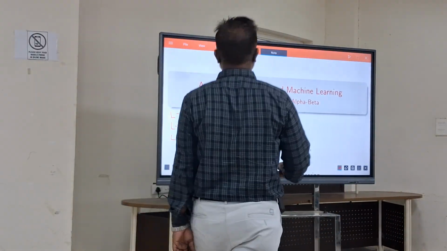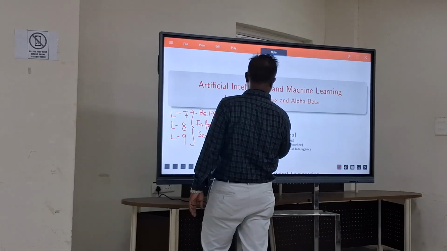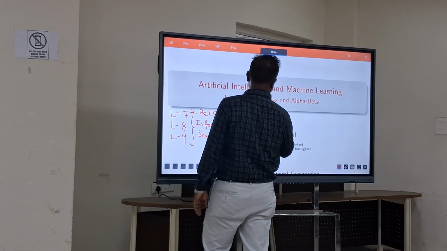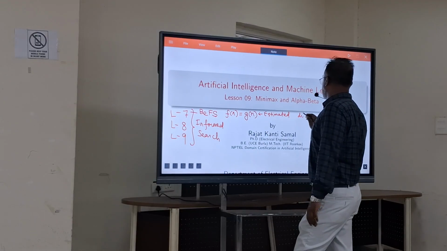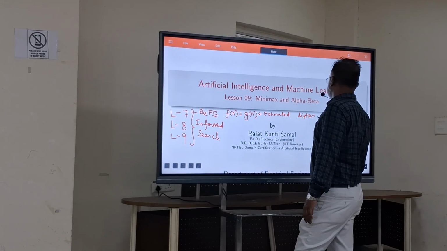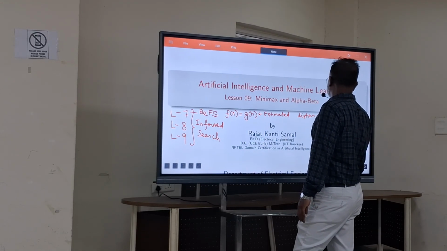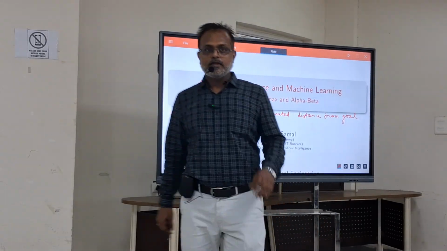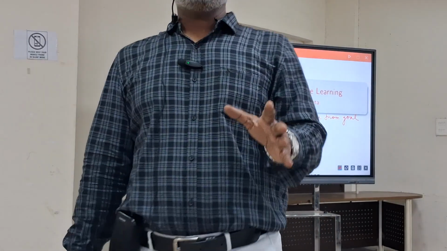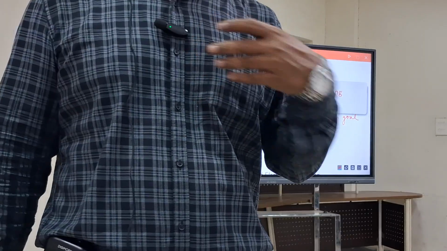You can say this is the estimated distance from the goal. That is the only criterion we use in best first search.